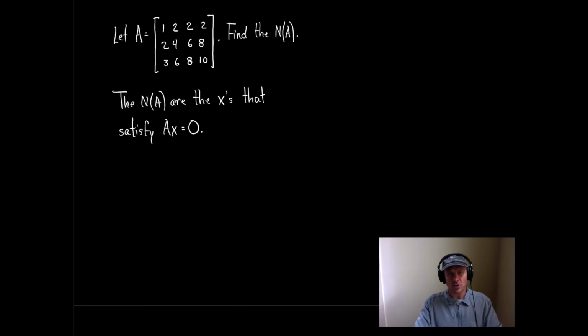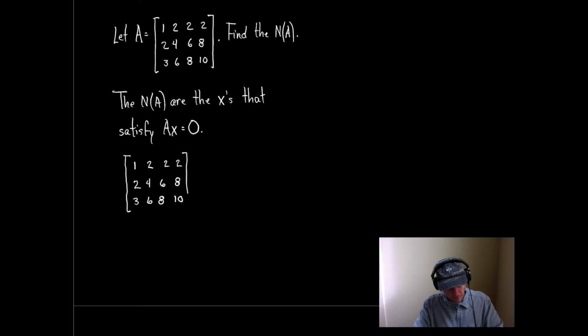So I'm going to show you a few things on how we're going to work with this. The first thing is, let's just write the equation. If I was to solve this, really what I'm solving is, by rows, 1, 2, 2, 2, times 2, 4, 6, 8, and the third row is 3, 6, 8, 10, and then let's write out x.